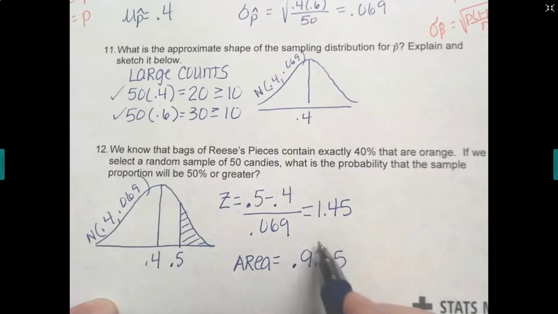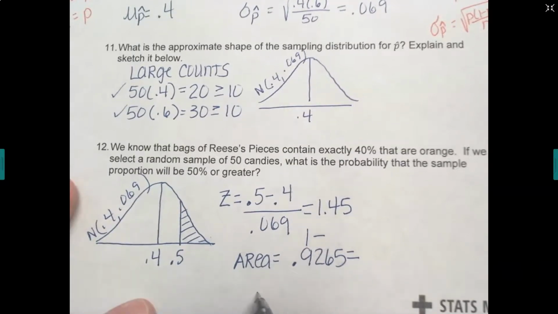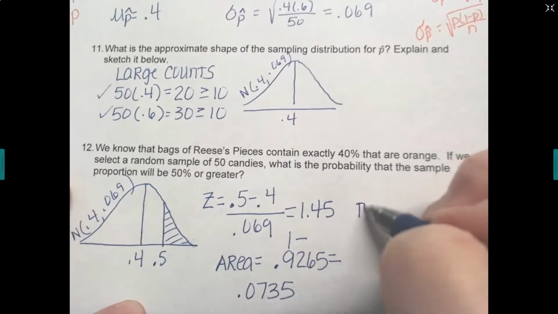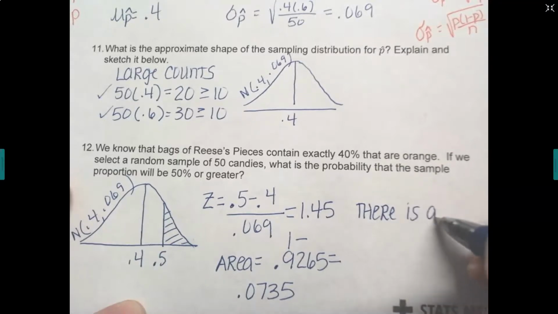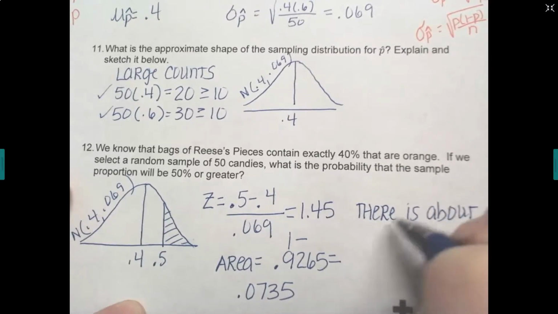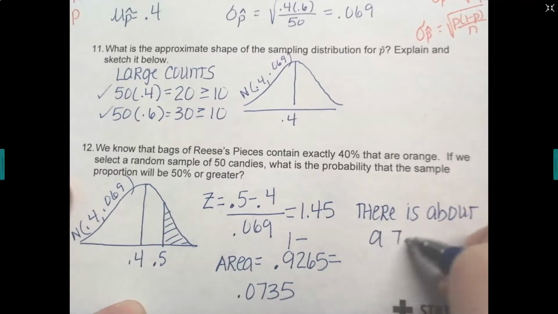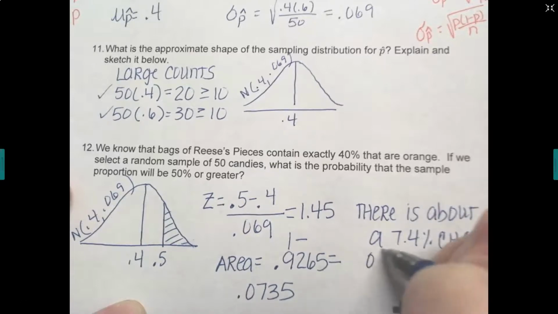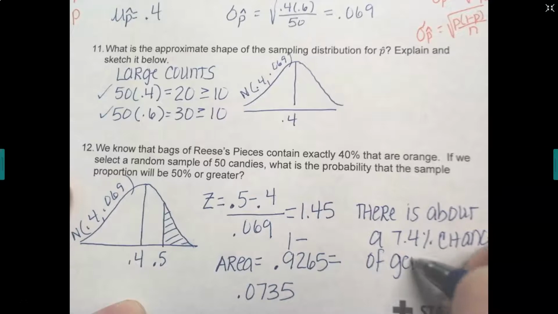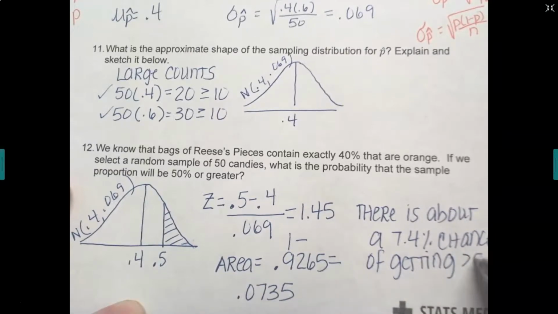That's not what we're looking for. So we need to do 1 minus that, and we'll get 0.0735. So there is about a 7.4% chance of getting greater than 50% orange.